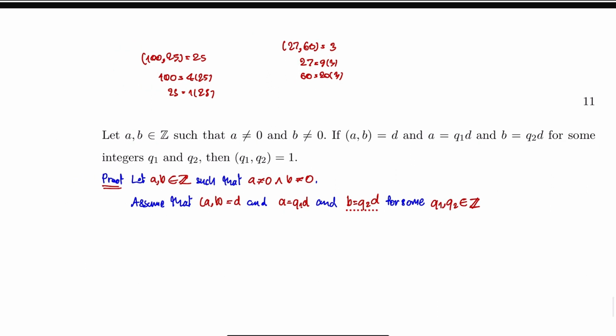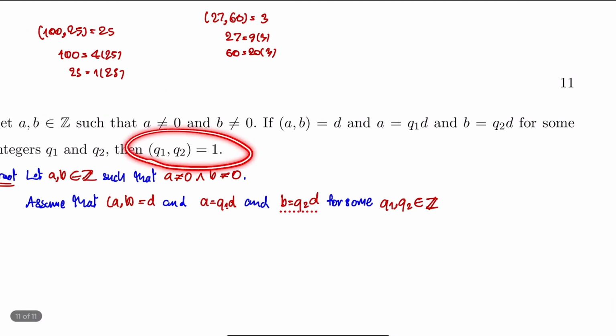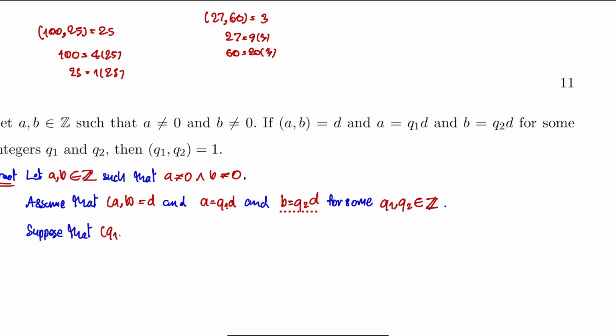So to prove that the quotients from the greatest common divisor of A and B have the greatest common divisor of 1, we are going to use proof by contradiction. Let's suppose that the greatest common divisor of the quotients Q1 and Q2 is not 1.